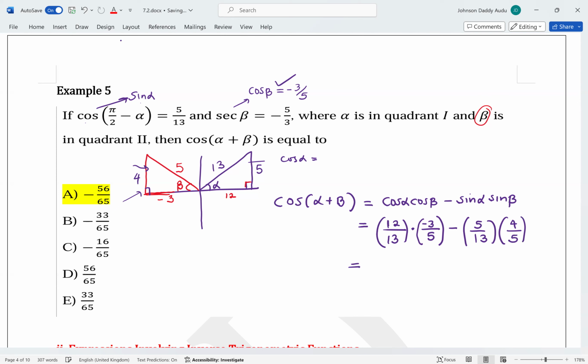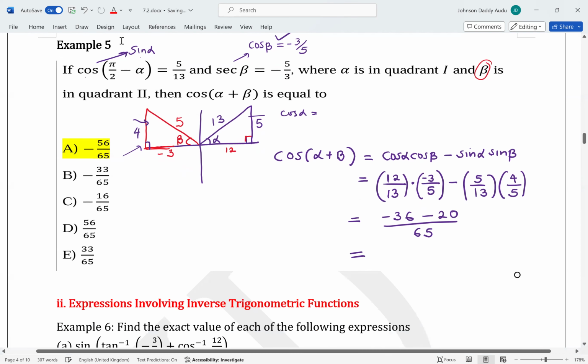Now this is going to be 12 times minus 3, you have minus 36, and then minus 20, everything over what? The LCD is the same, 13 times 5, which is 65. So now we have minus 56 over 65.